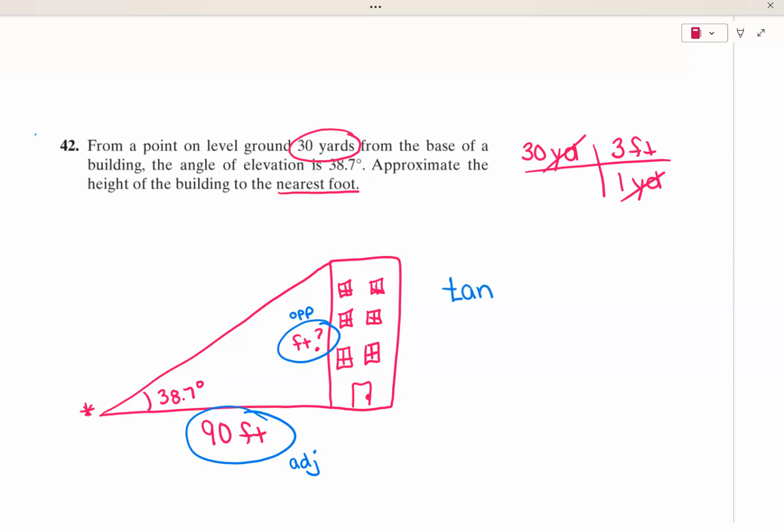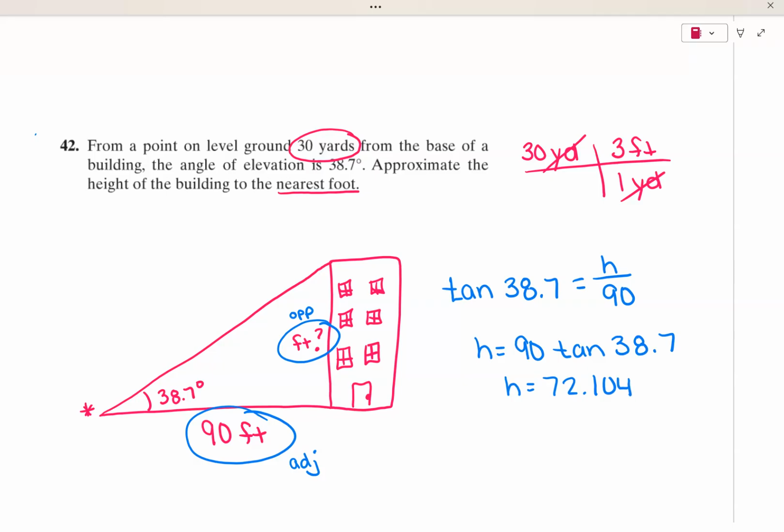So we're going to have tan 38.7 equals, we'll just call it h for height, over 90. Again, we're going to cross multiply. So 90 times tan of 38.7, we get a height of 72.104. So to the nearest foot, that would be 72 feet.